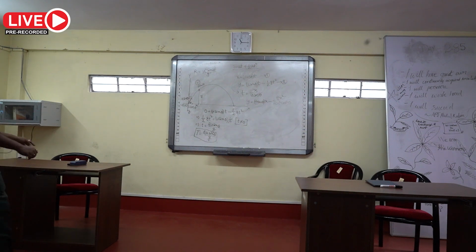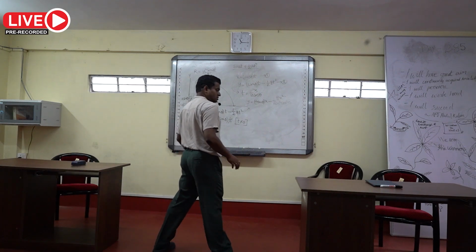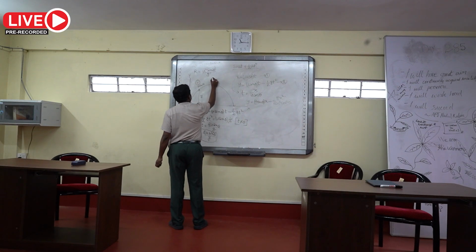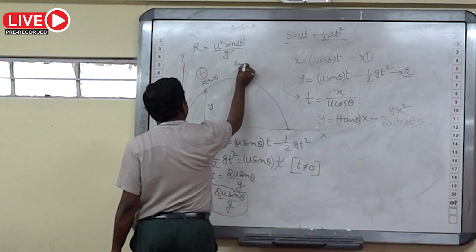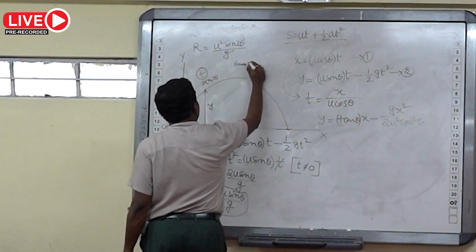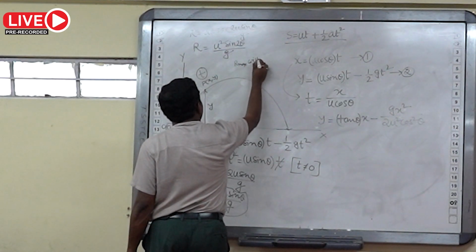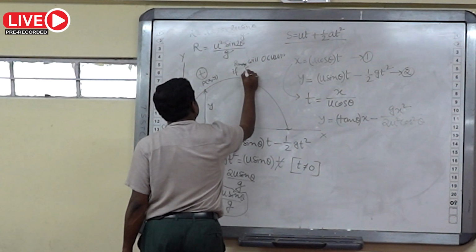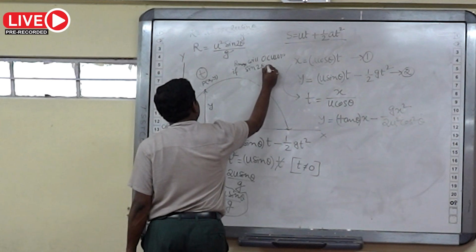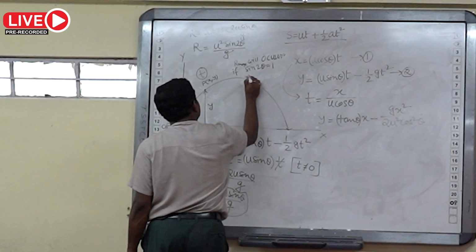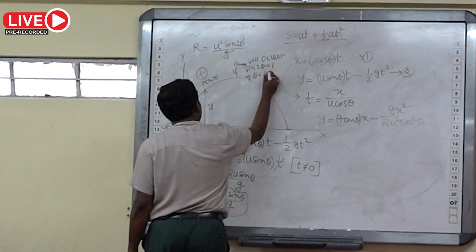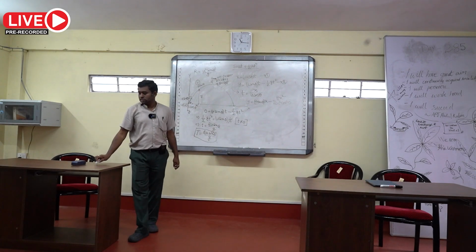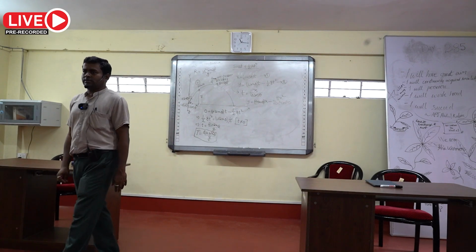So R max will occur if sin 2 theta equal to +1, means theta equal to 45 degree. Okay, 2 theta 90, theta 45.